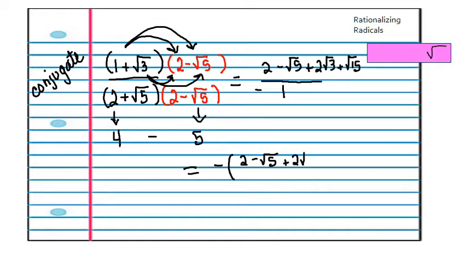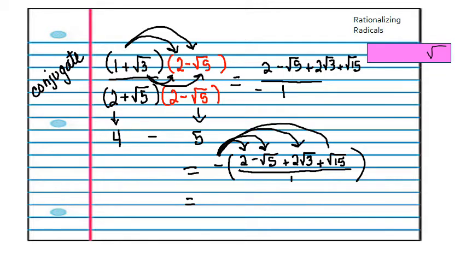Remember, when you add and subtract radicals, they have to be totally alike underneath the radical. Plus the square root of 15, which is simplified as much as possible, over the 1, which may also be shown as distributing this all the way out: a -2 plus the square root of 5 minus 2 square root 3 minus the square root of 15.